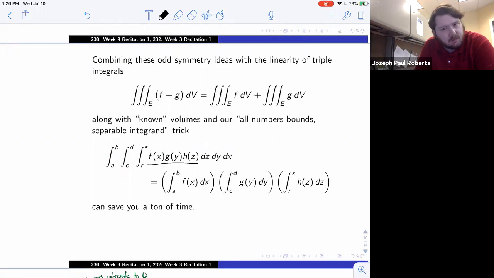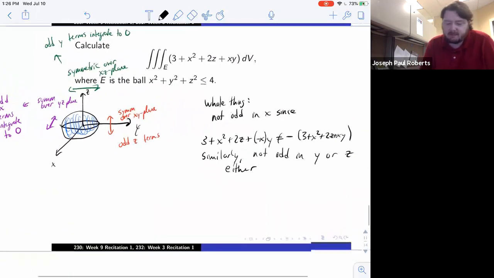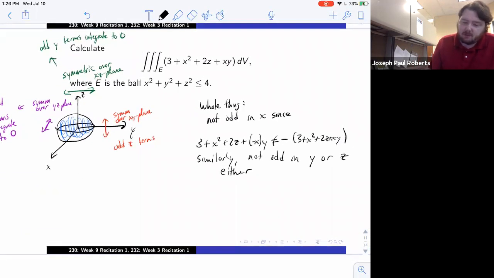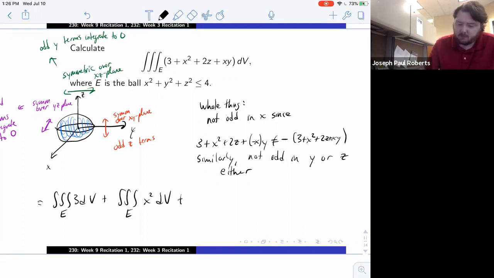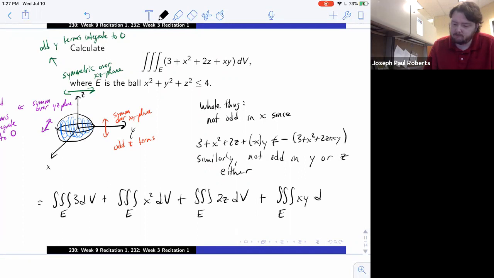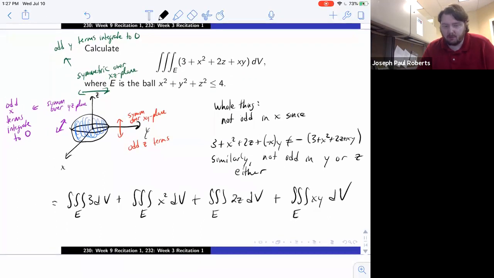But it doesn't have to be for these shortcuts and these ideas to be valuable, because integrals play nice over addition and subtraction. So when I see something like this, the very first thing I do is say that this is the triple integral of 3 plus the triple integral of x squared plus the triple integral of 2z plus the triple integral of xy. And now, on these individual terms, we see things that can help.